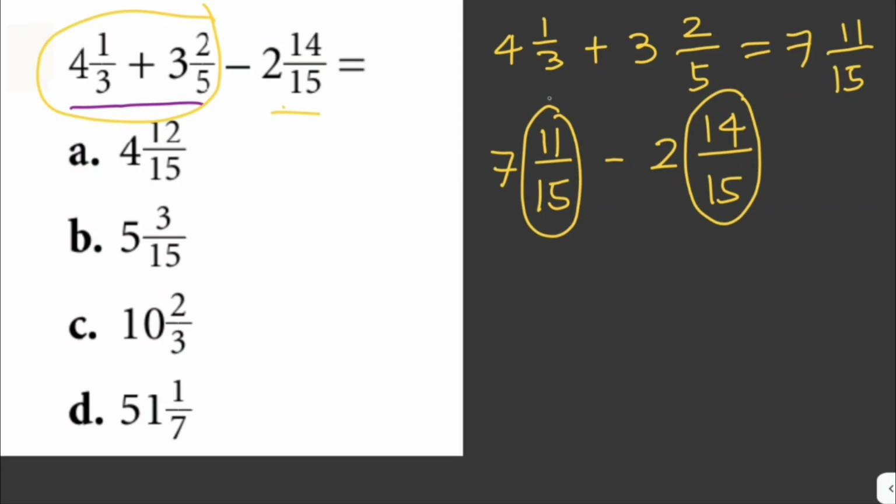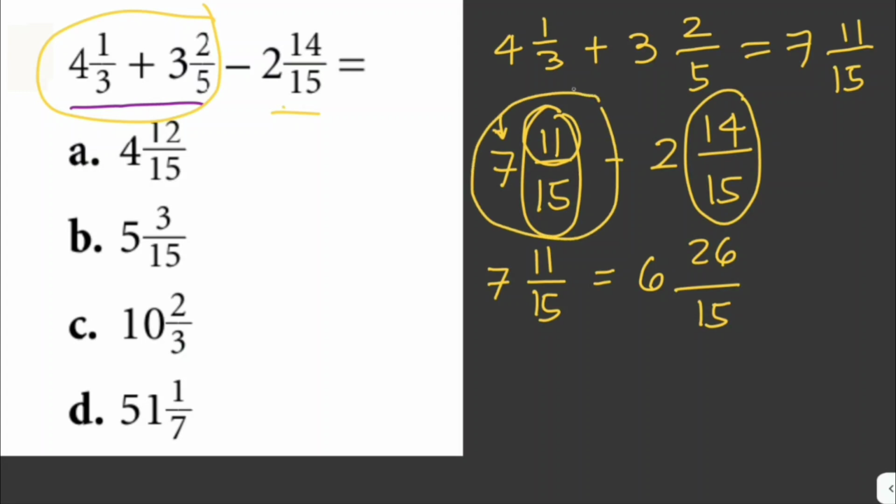Or we can always write the mixed fractions into improper fractions. If we borrow 1 from 7 here, our numerator would become 26. So 7 and 11/15 is just equal to 6 and 26/15. Take note that you have to make sure that this one is equal to this one. How do you check that? You multiply the denominator and the whole number, plus the numerator, for both. You have to make sure they are equal.